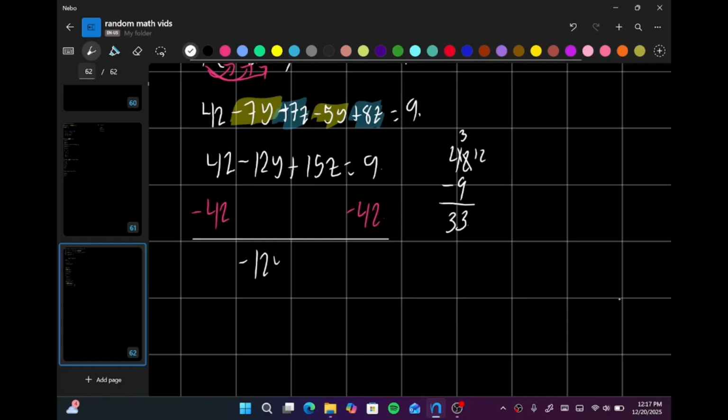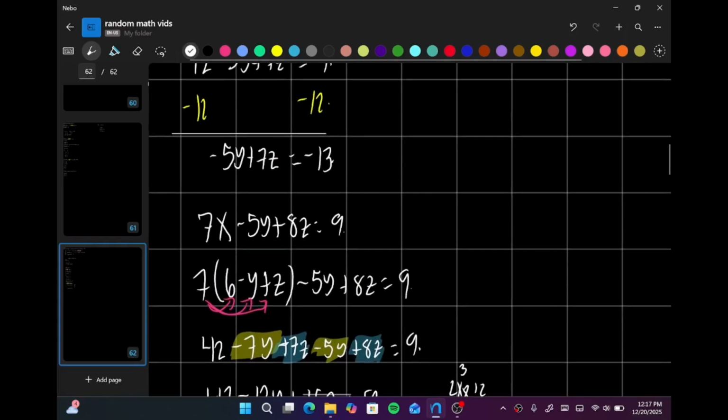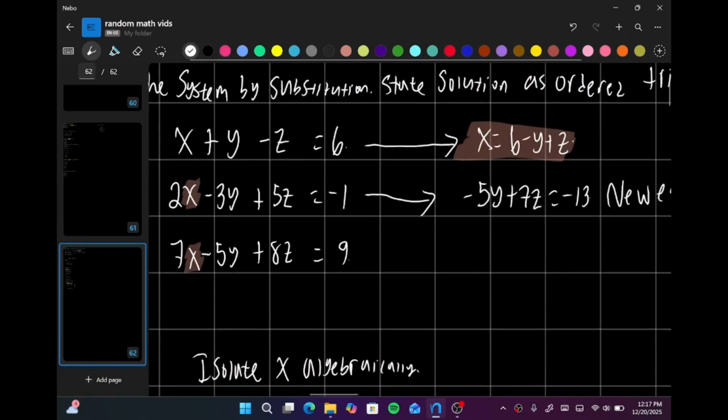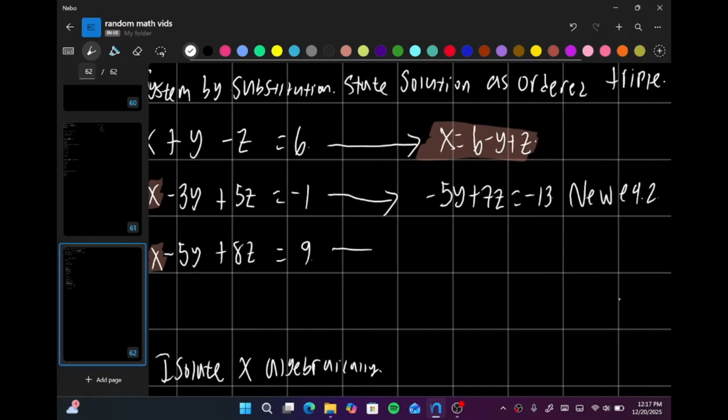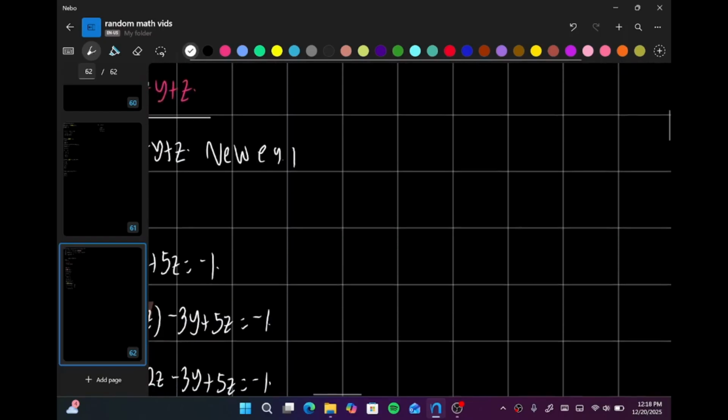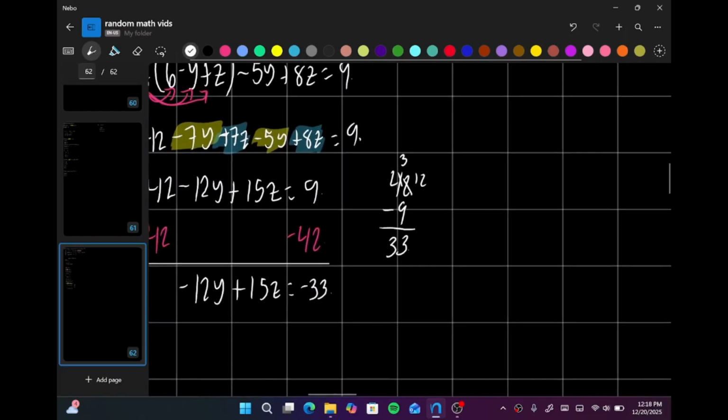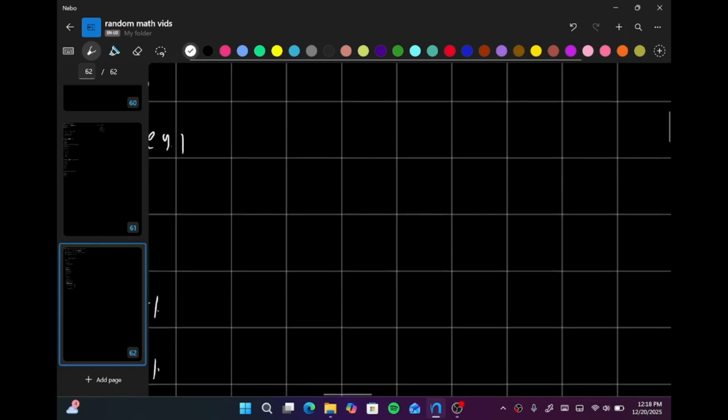We have negative 12y plus 15z equals negative 33. Let this be new equation 3.